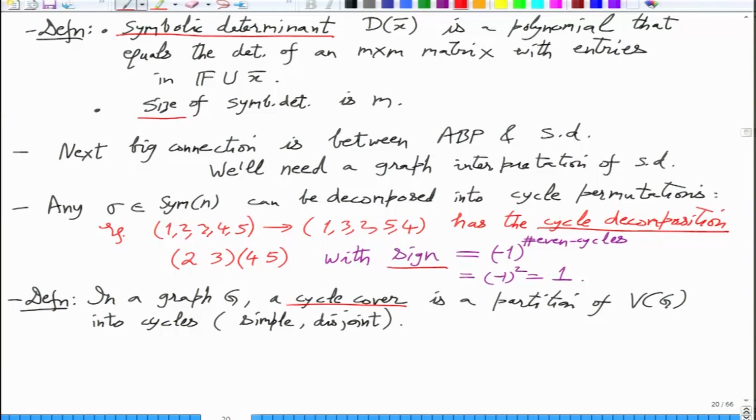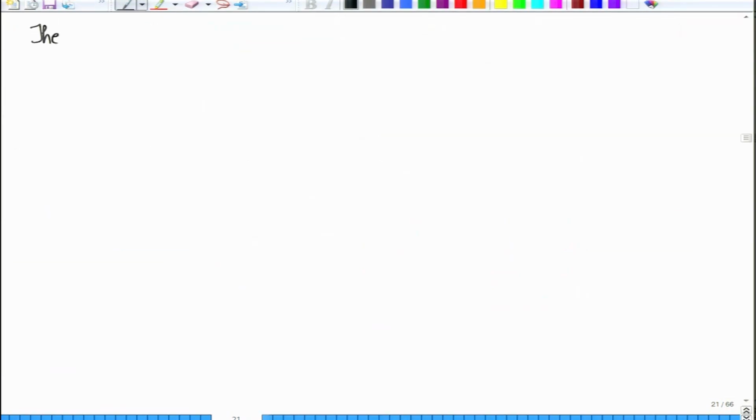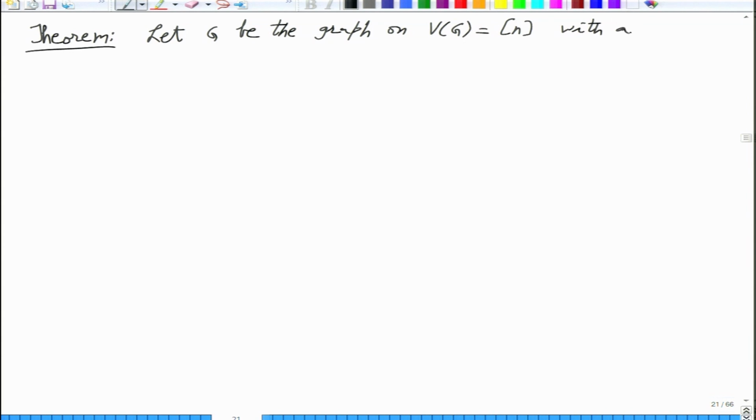Okay, so then let me just write down the connection as a theorem statement. Here we will say that if G is a graph on vertices, let's say the set 1 to n, with adjacency matrix given to you, an n by n matrix with entries x_ij.